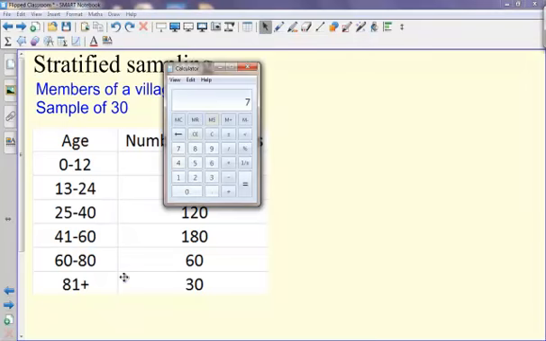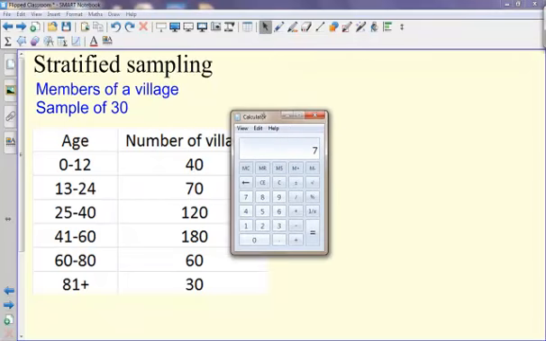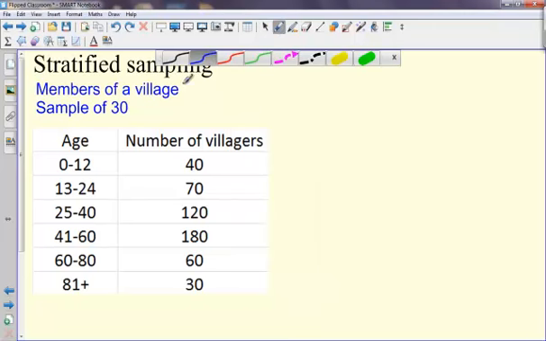So the first thing to do is to add up the total number of villagers. That comes to 500. It's got 500 people altogether. And then for each category, I need to do the number of villagers in that group divided by the total number of villagers.